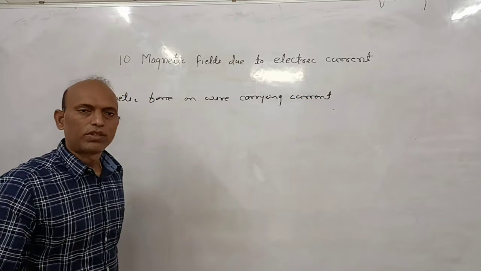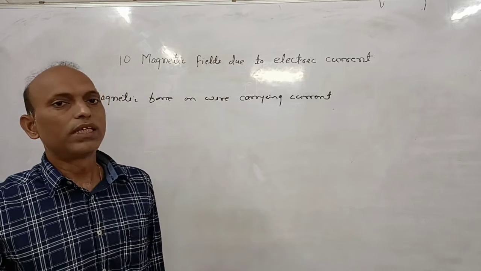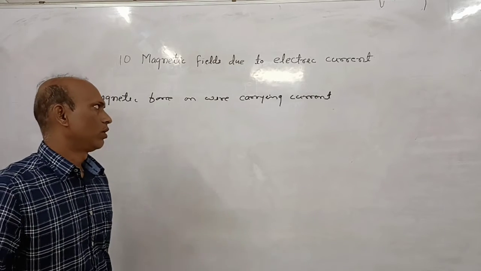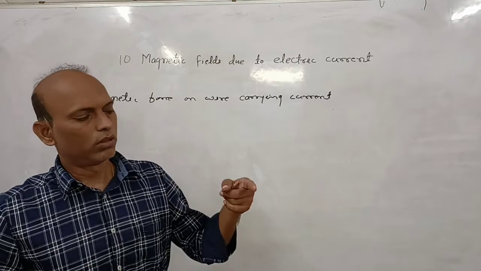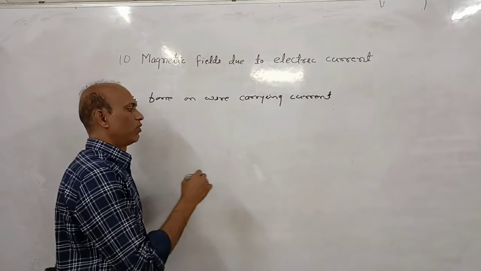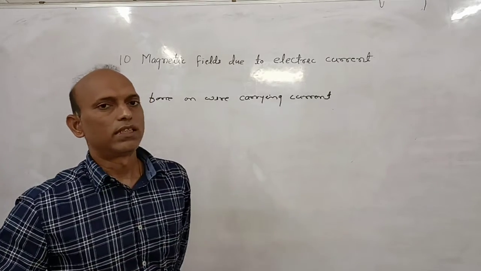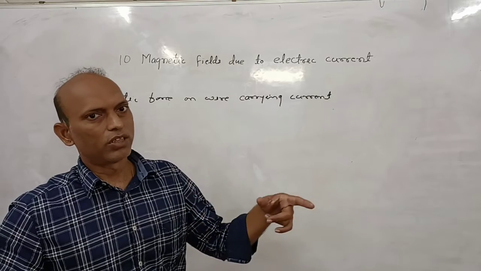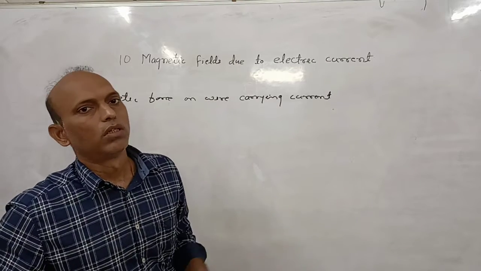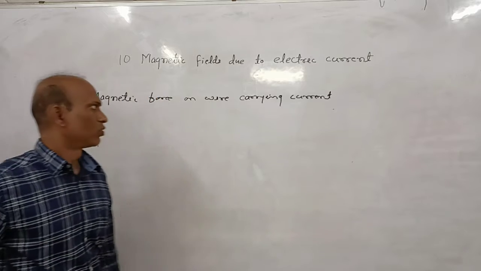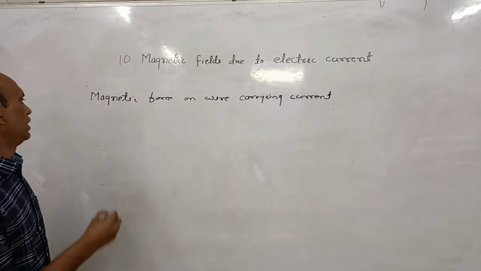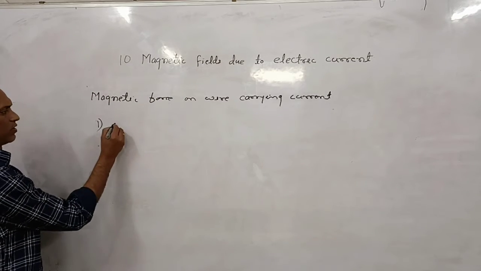In our syllabus, there are three cases in which a current-carrying wire experiences forces. One is when the wire is straight, the second is when the wire is of arbitrary shape, and the third is when the wire is a loop or a circle. So the first one is when the wire is straight.